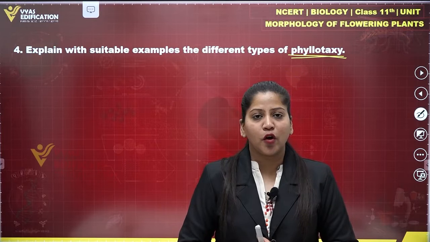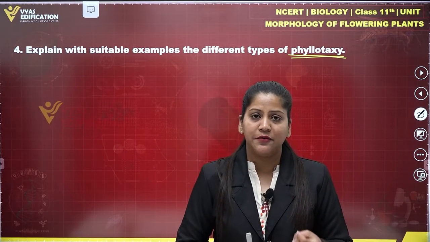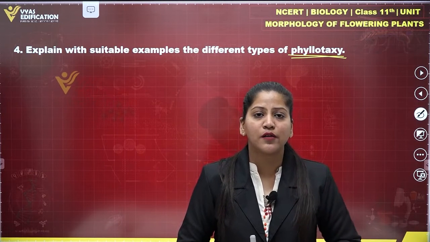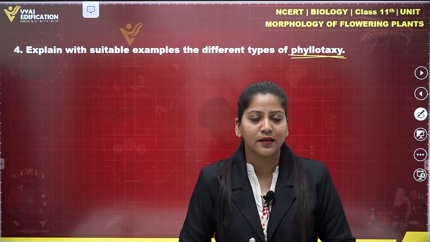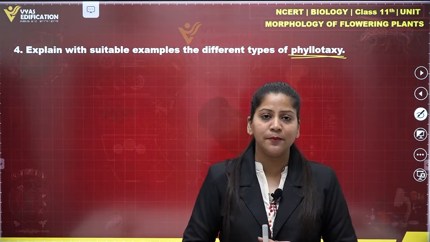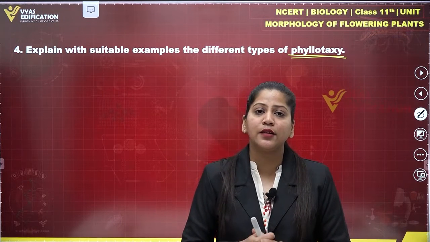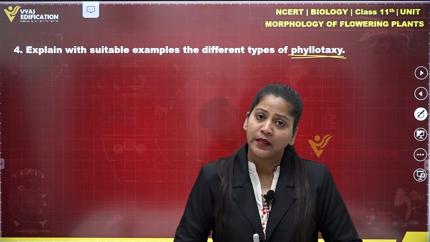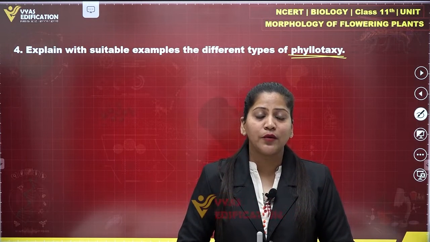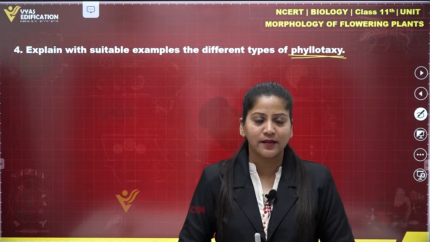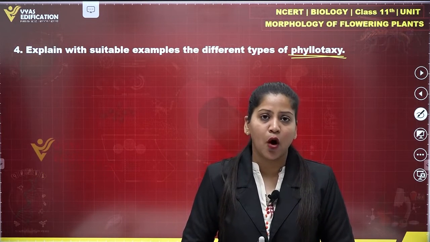Examples of alternate phyllotaxy are sunflower, mustard and peepal. Next is opposite phyllotaxy, in which a pair of leaves arises from each node. The last one is whorled phyllotaxy, in which 3 or more leaves arise from each node.